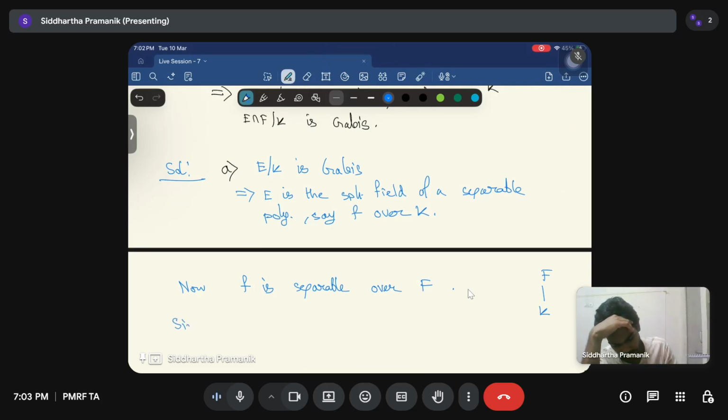So since EF is the splitting field of f over F, EF over F is Galois.